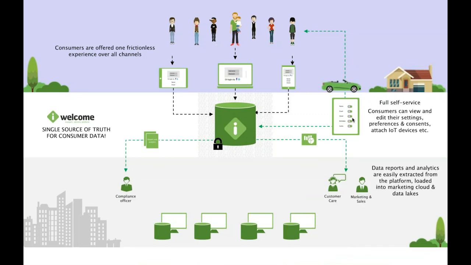Then, of course, the different roles within the company itself, like the compliance officer, the customer care, marketing and sales department, all can have access to this data store. In our case, it's a big MongoDB data store, where all that information about the consumers and customers are collected.